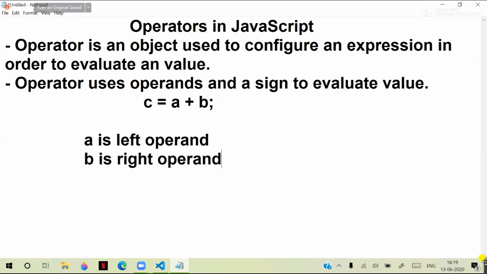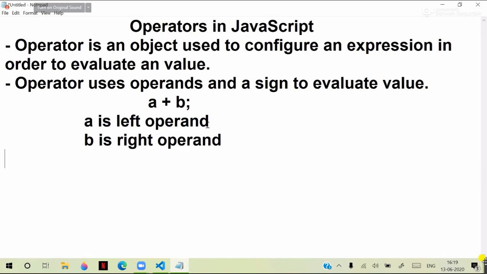So A is the left operand and B is the right operand in the expression A plus B.